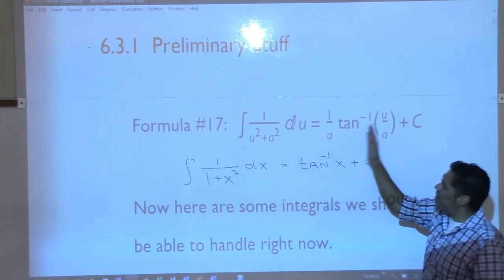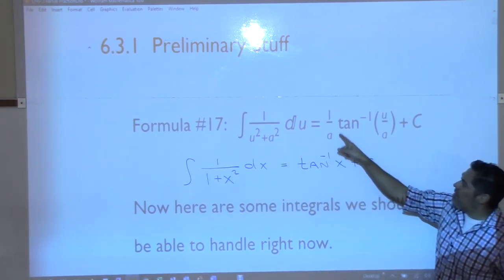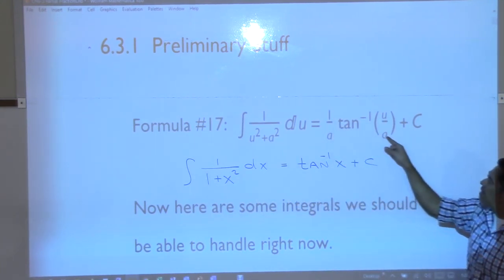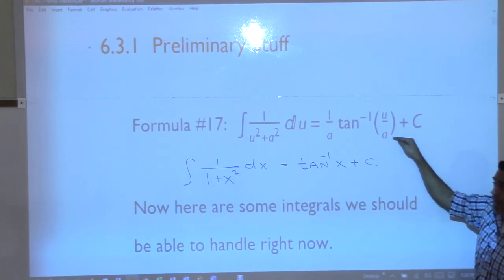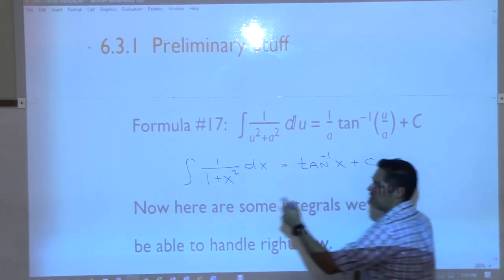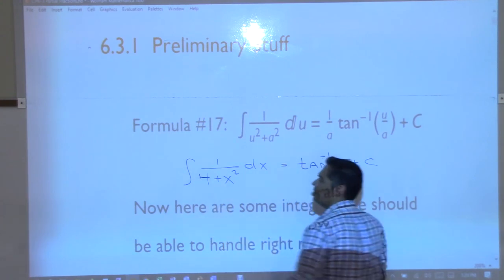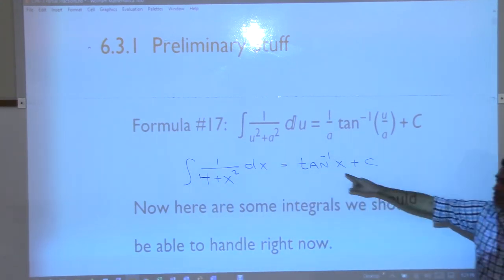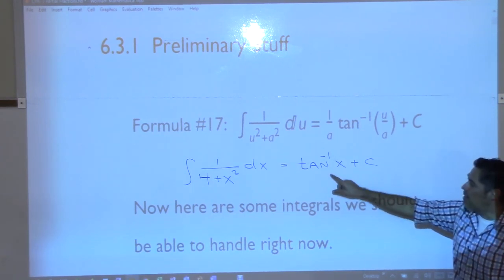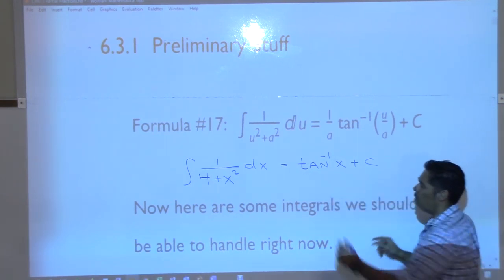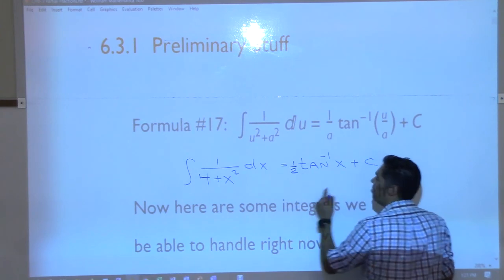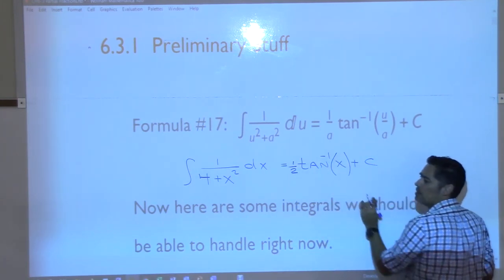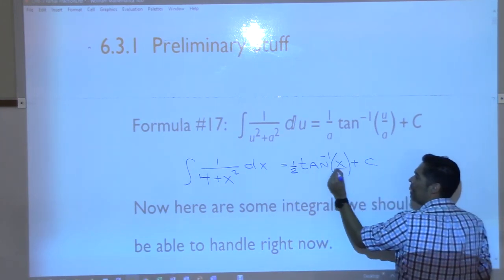Notice that in the general formula, you have a 1 over a out front, and inside the argument you have the variable over a. So if I were to change this problem to, let's say, 1 over 4 plus x squared, then this is no longer correct, right? I would need to put what in front? 1 half, 1 over a, and inside the argument of the arctan I would need x over 2.